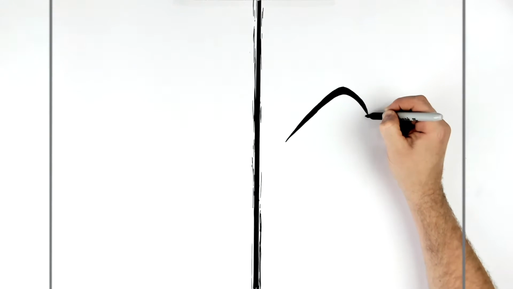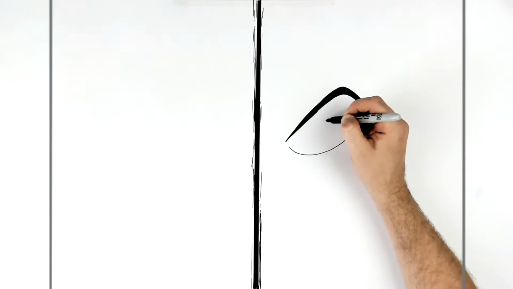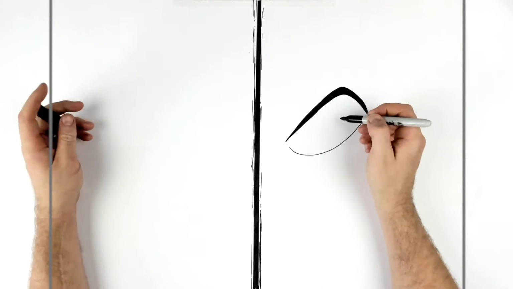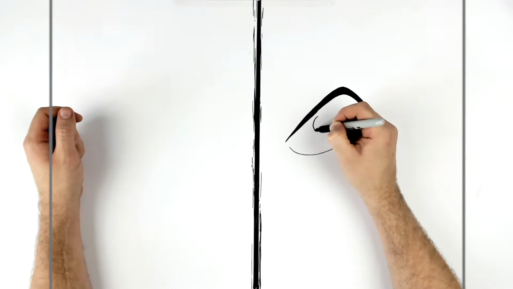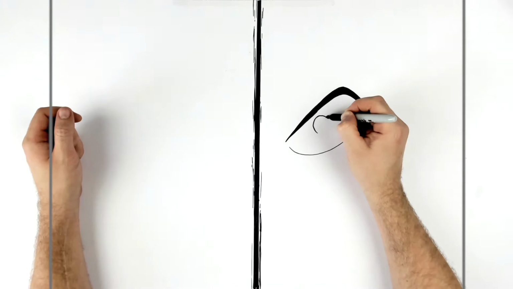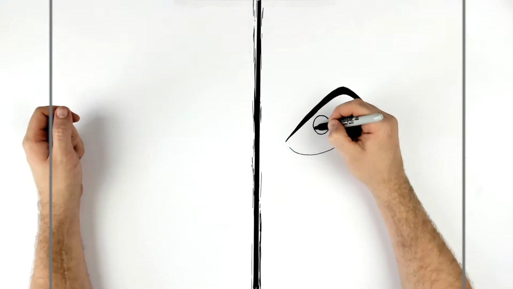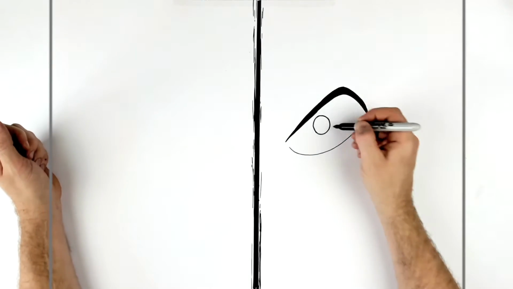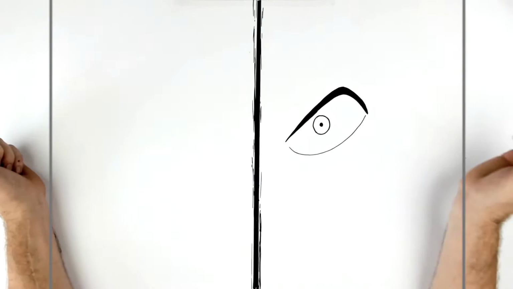Then the bottom eyelid line will just come underneath that, like so. And his iris and his pupil, a circle inside here. You could use a compass, something circular to draw around if you want to make it a perfect circle. But we'll just go for it. We'll just go around, like so. And then his pupil just in the middle. Small enough, actually, just like that.